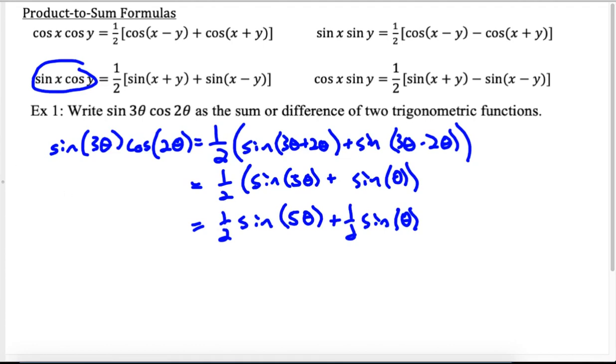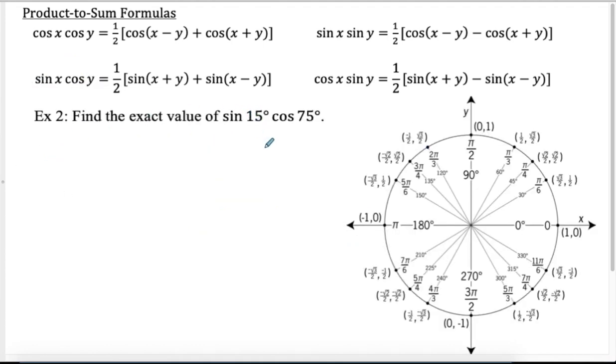So we can do this with numerical values, right? We can find the exact value of something like this. Sine of 15 degrees times cosine of 75 degrees. So yet again, this fits this pattern, right? That's just a coincidence. We'll have ones that fit all these different patterns.